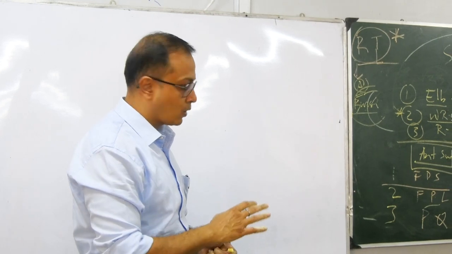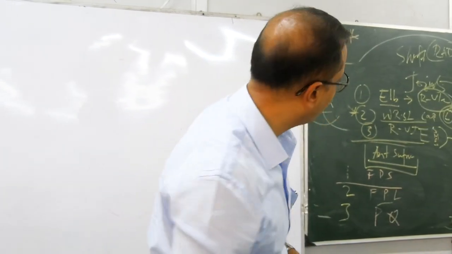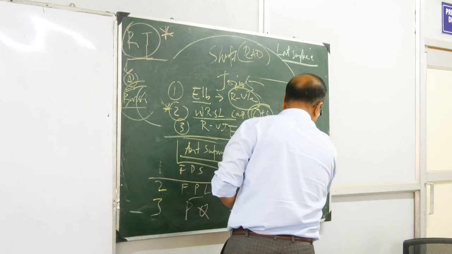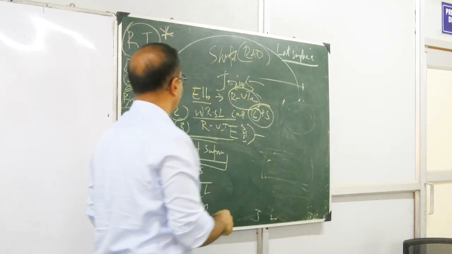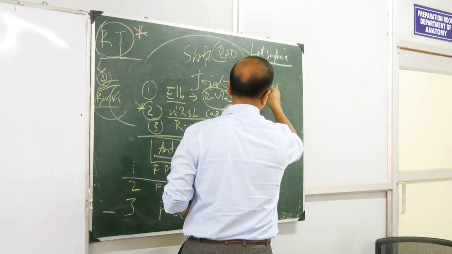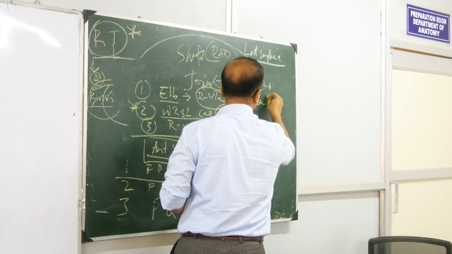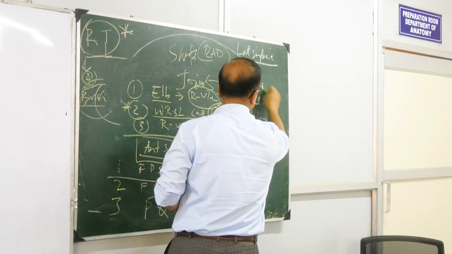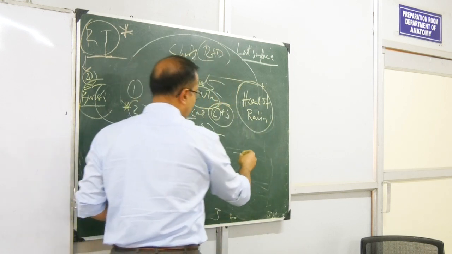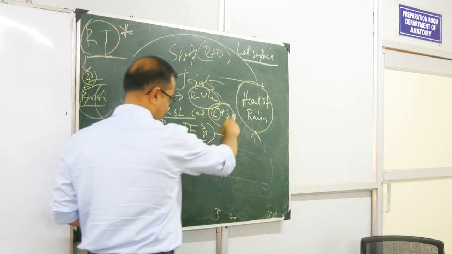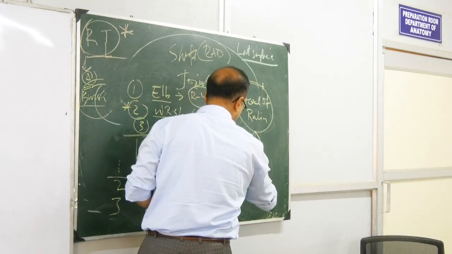Now, these are the three joints, and the two ligaments here are important. Whenever you are mentioning this joint, this bone has two ligaments attached to it. One ligament is related to the head of the radius. The circumferential ligament present around the head of the radius, we call the annular ligament.